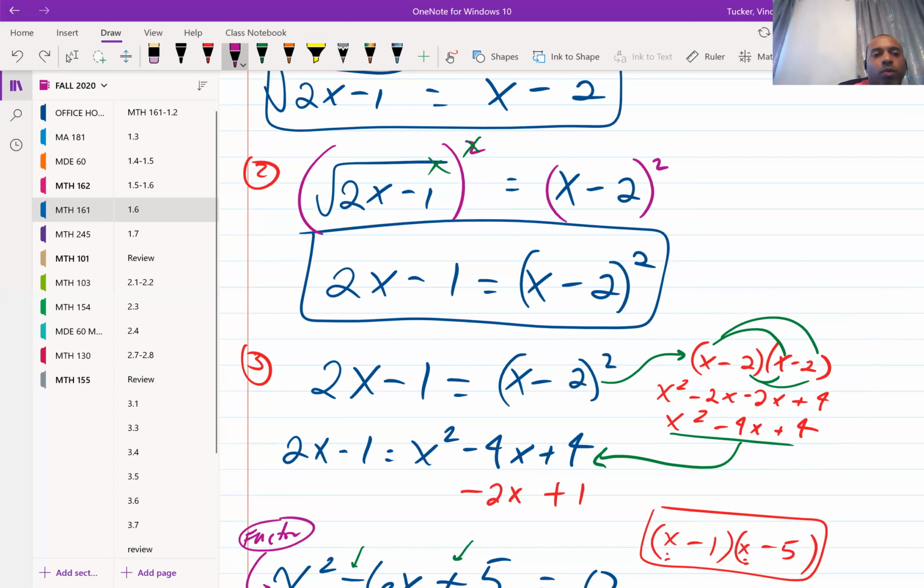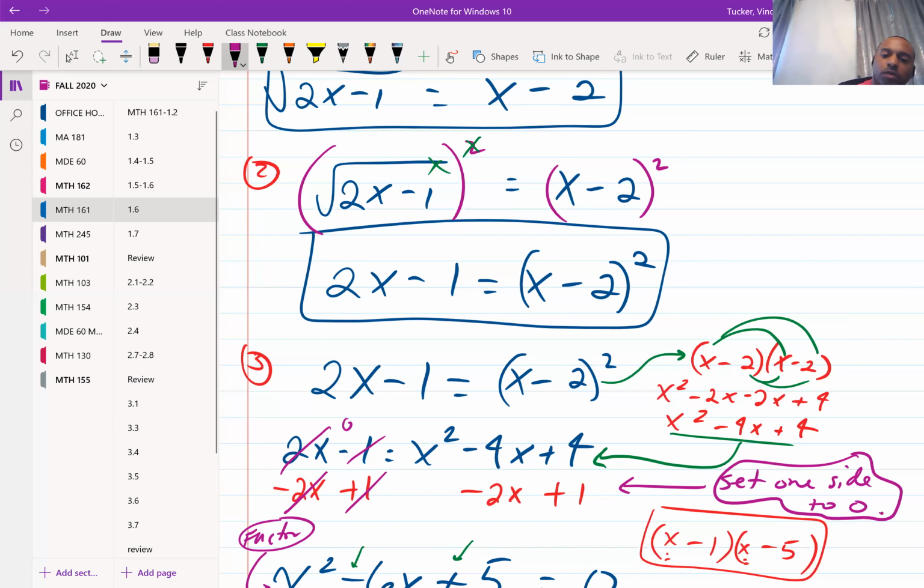And then we want to set one side equal to 0. So I subtracted 2x and added 1 to both sides.